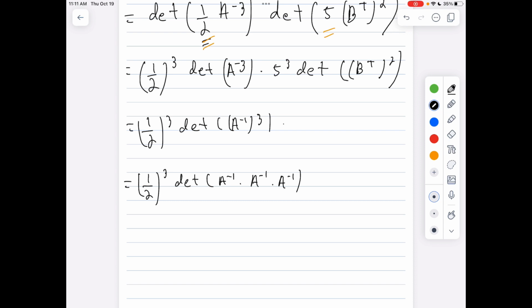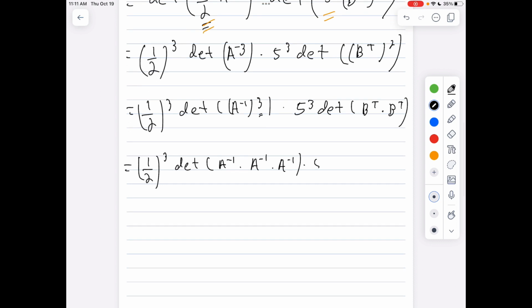Because it's 3 times, that's why we're doing it. So what you can do is you have a matrix raised to an exponent, you can go ahead and write it out that many times. And over here, we have the same idea with the 5 cubed, determinant of B transpose squared. That's like saying the determinant of B transpose times the determinant of B transpose.